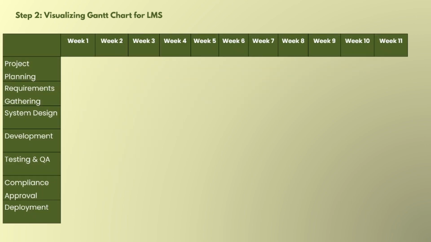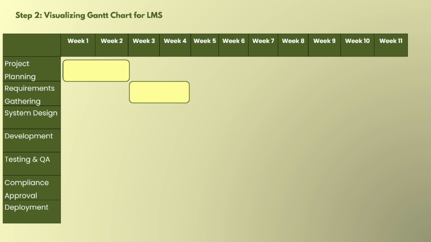You can see that the phases are in the first column, and the weeks are in the first row, and see how we can draw it. In this way it is drawn. Project planning, weeks 1 to 2, is marked and painted dark in that portion.